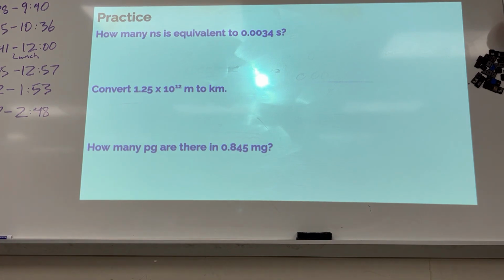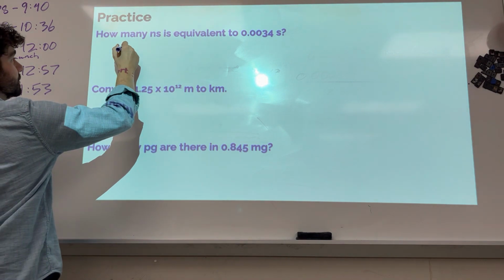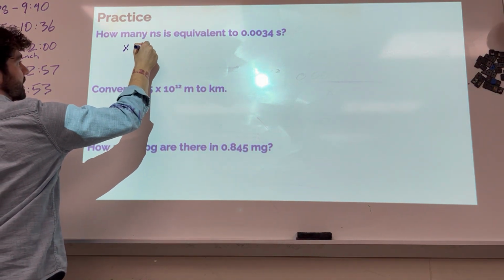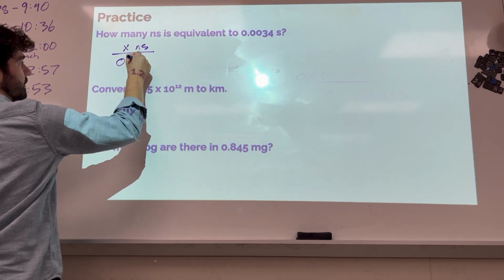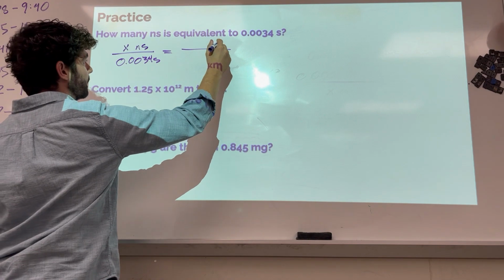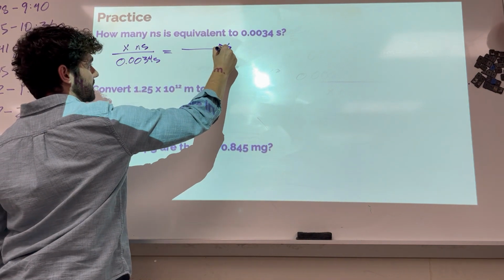How many nanoseconds is equivalent to 0.0034 seconds? If I wanted to do the proportion, I would do x nanoseconds over 0.0034 seconds equals whatever my relationship between nanoseconds and seconds is.